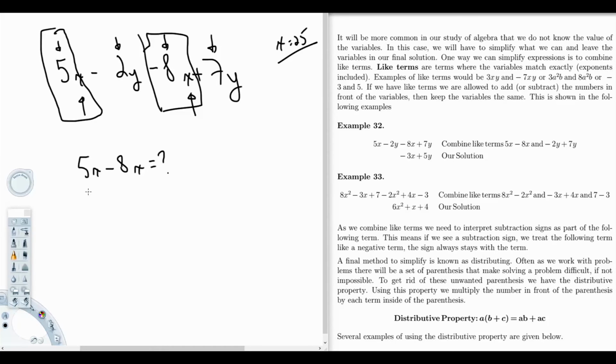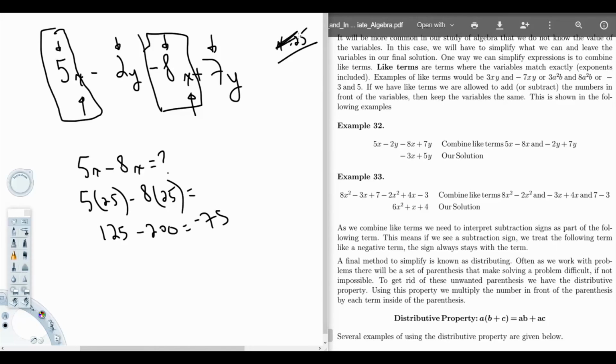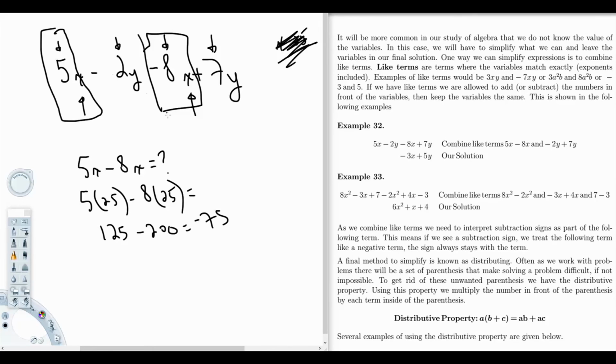If I put x at 25, 5 times 25 minus 8 times 25 equals 125 minus 200 equals minus 75. But we can't do it like this because they're not giving us what x means. They want us to combine like terms because we don't have that information.